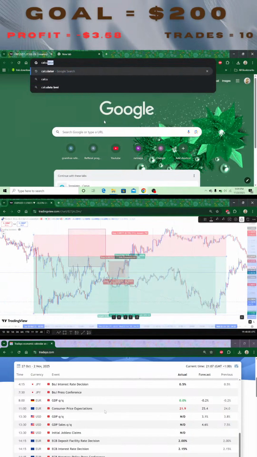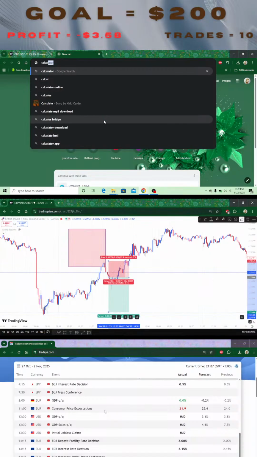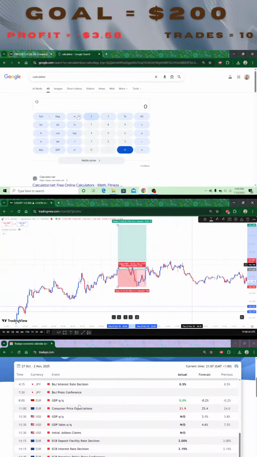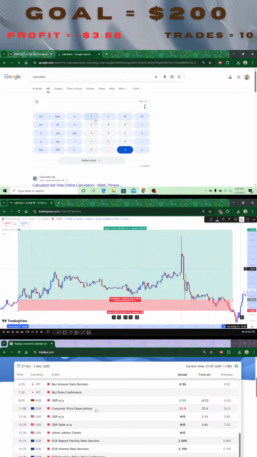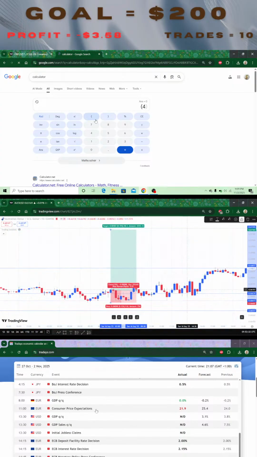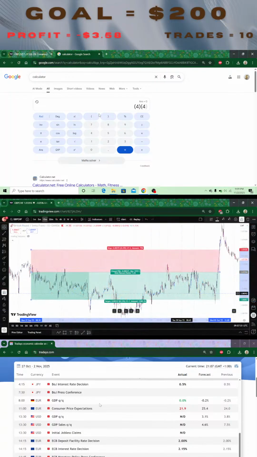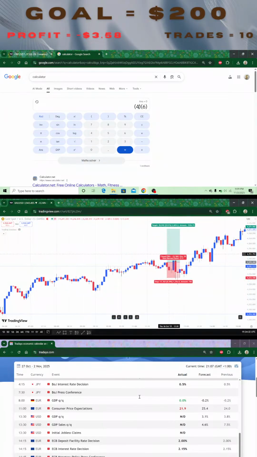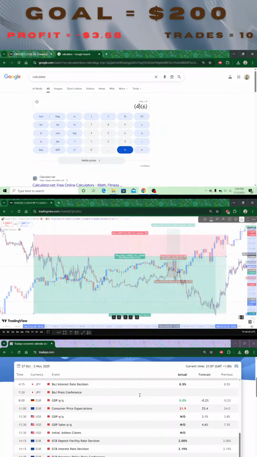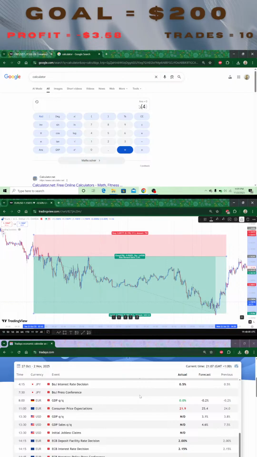So for our calculator, close brackets first, open another one, six, close brackets. I just remembered that this thing can only work one way.